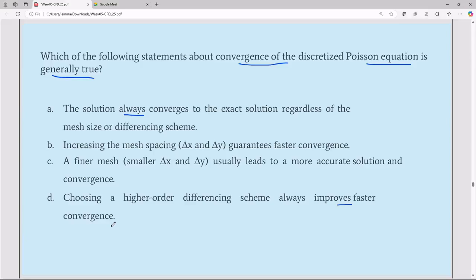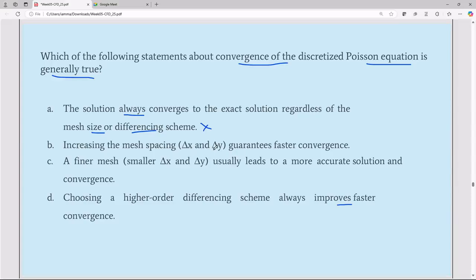So if you analyze the options, it is pretty easy. The first statement says that the solution always converges to the exact solution regardless of the mesh size or differencing scheme. From the statement itself, we can understand that it is wrong because the convergence always depends on the mesh size and differencing scheme. Option B says that increasing the mesh spacing guarantees faster convergence.